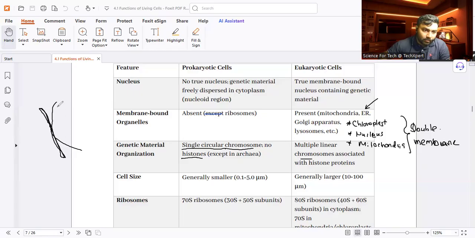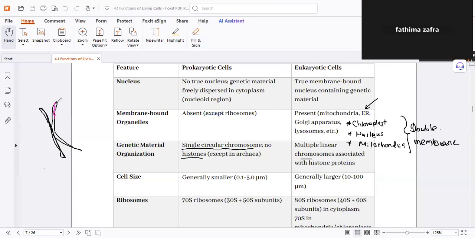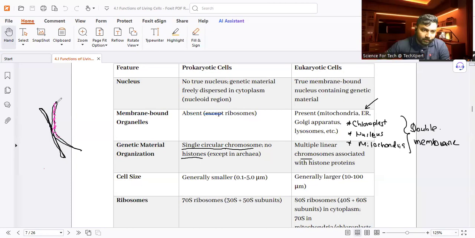How many chromosomes do we have? 46. Yes, there are 46 chromosomes within us. That means we have 23 pairs of chromosomes.